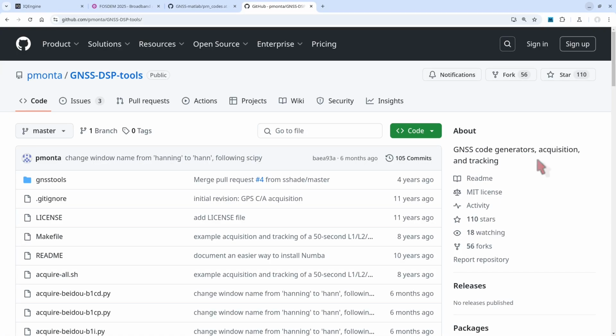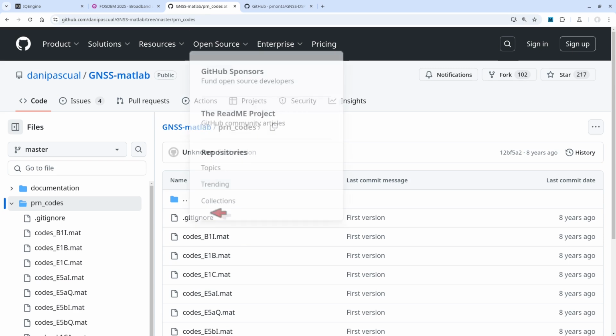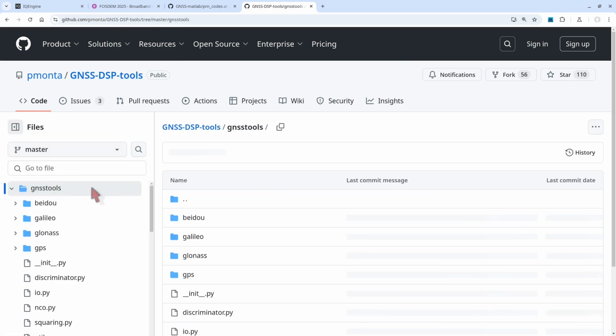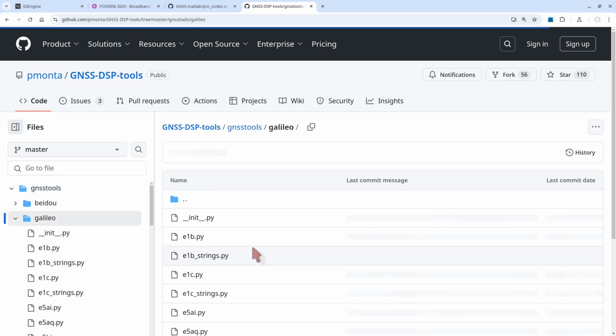This code construction was found, instead of using the MATLAB file, we used this repository where you actually find in the GNSS tools the various code generation.